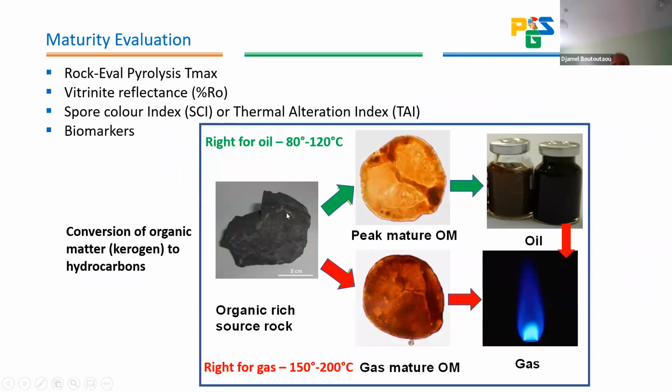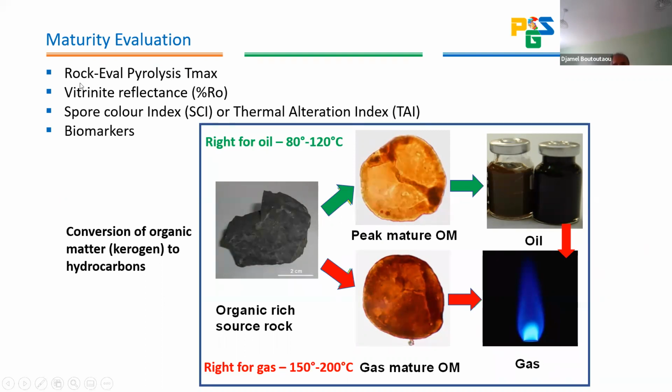So the process is simple. You have a source rock, you heat it, you produce oil, you heat it more, you produce gas. But sometimes you can have oil accumulations, reservoirs which are at high temperatures, like above 200, 250 degrees Celsius. That oil can crack and also produce gas.